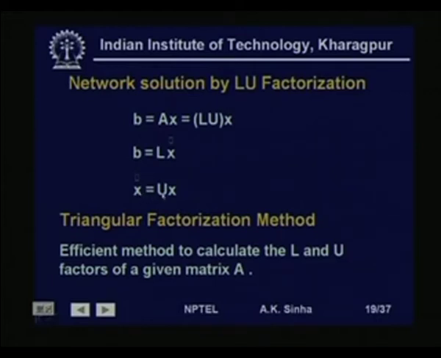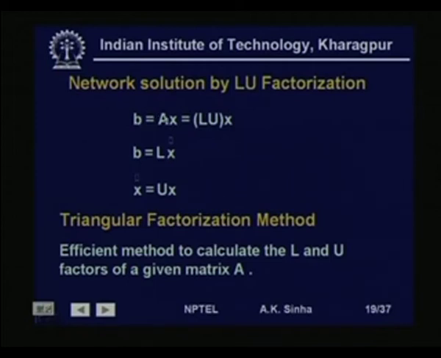What we will do is we will work with B equal to L x hat. L is known, B is known, so we will calculate x hat, and once we know x hat, we will solve x hat equal to Ux, and we will get x. So this is how we do the solution.